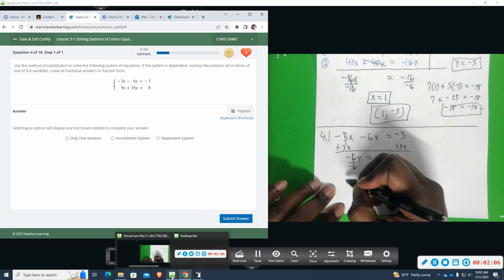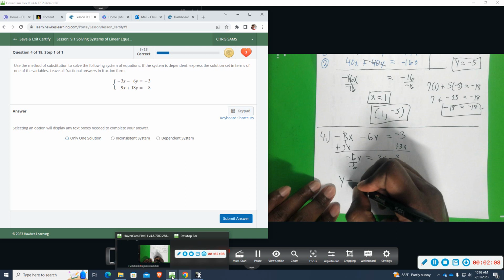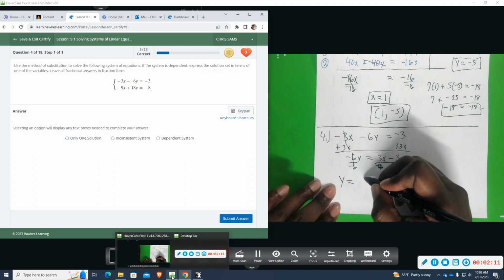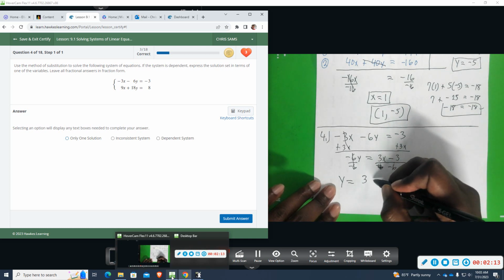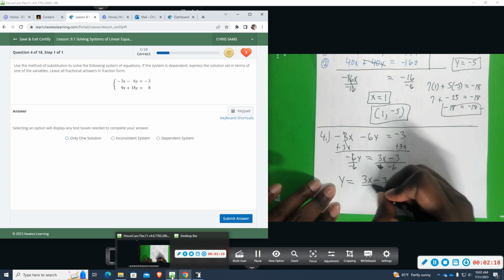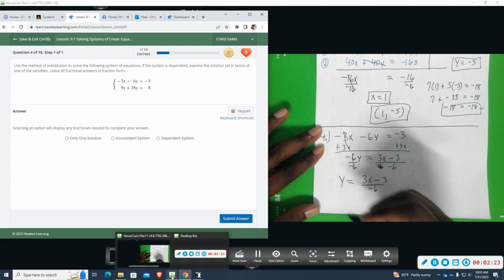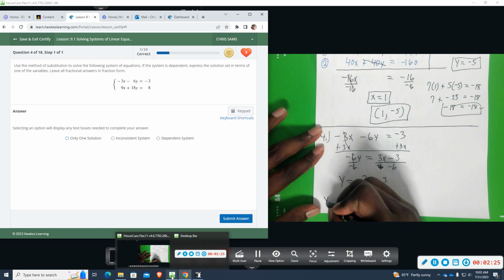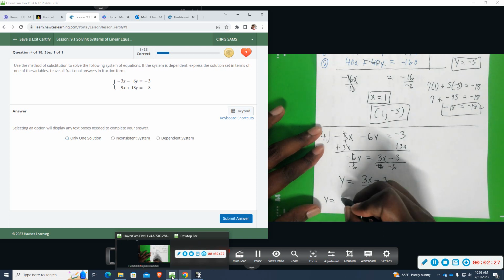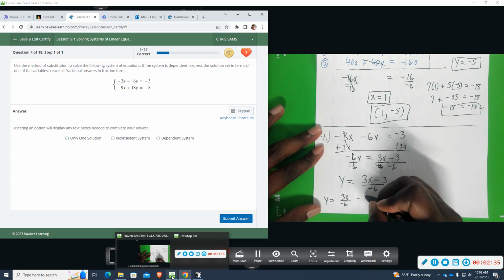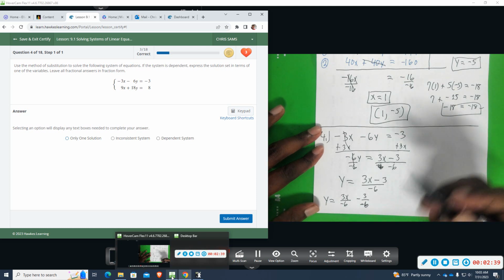This will go away, so we will have y equals, and I can just leave it like this because I'm going to put it in the calculator, 3x minus 3 divided by negative 6. Or if you wanted to simplify it, this is the same thing as saying y equals 3x divided by negative 6, which we can reduce, and then negative 3 divided by negative 6, which also will reduce.